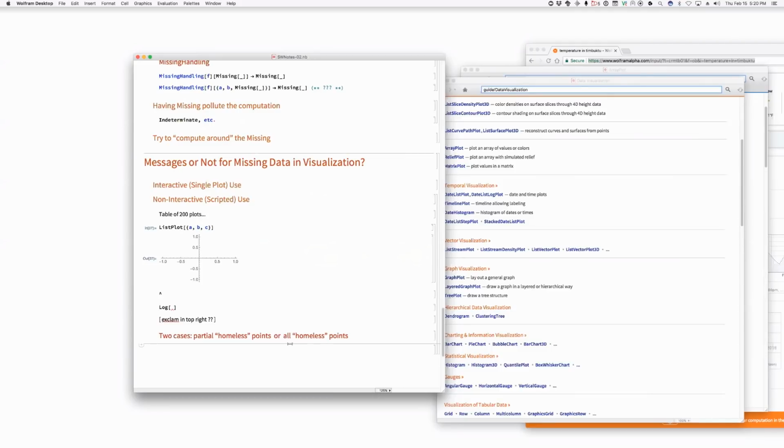So in that case, the viewer suggestion of putting some exclamation points somewhere, and then if you mouse over the exclamation, you'll have an indication that 5 data points were missing. That could have a little information icon somewhere. Well, actually, what we do in Wolfram Alpha is we simply say 5 missing points.